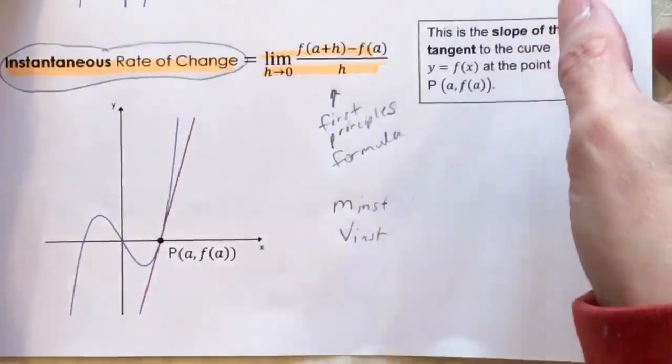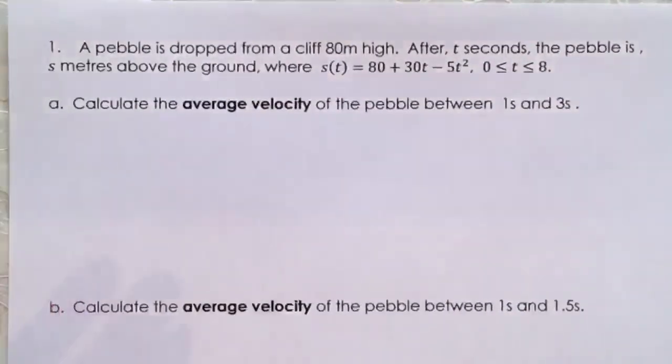Okay, so we're going to move on to a question here where we're going to apply this. A pebble is dropped from a cliff that's 80 meters high. After t seconds, the pebble is s meters above the ground, where s at t, so instead of f at x they're giving you s at t, so function notation still, is equal to 80 plus 30t minus 5t squared.